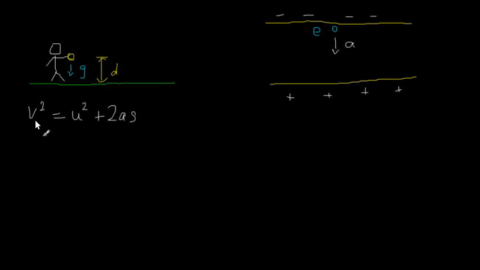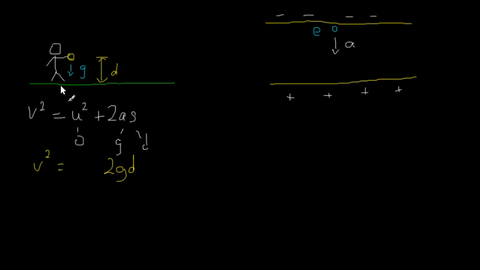So v is the final velocity, u is the initial velocity. a is, in this case, the acceleration due to gravity. s is the distance. Now, assuming that I dropped it from rest, u would be 0. s is d. a is g. So, making these substitutions, I have v squared equals 2gd.